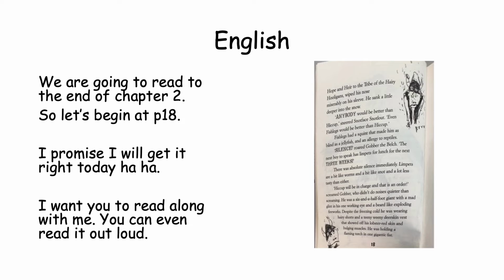Shut up and get in the line, you miserable tadpoles, yelled Gobber the Belch. The boys scrambled into their places, baskets on their back, and stood to attention. Gobber walked along the line, lighting the torch that each boy held in front of him from the great flare in his hand.